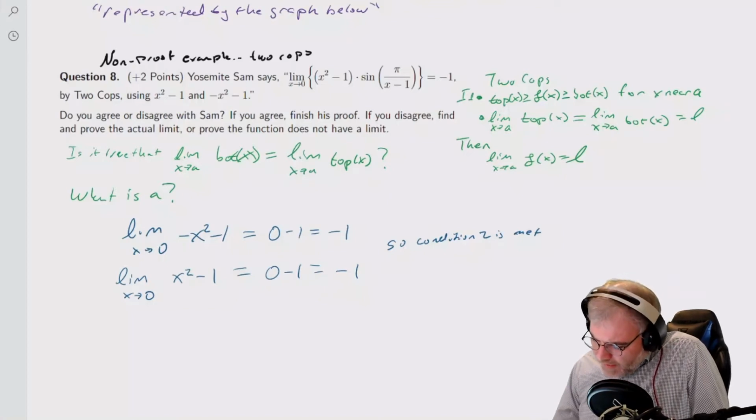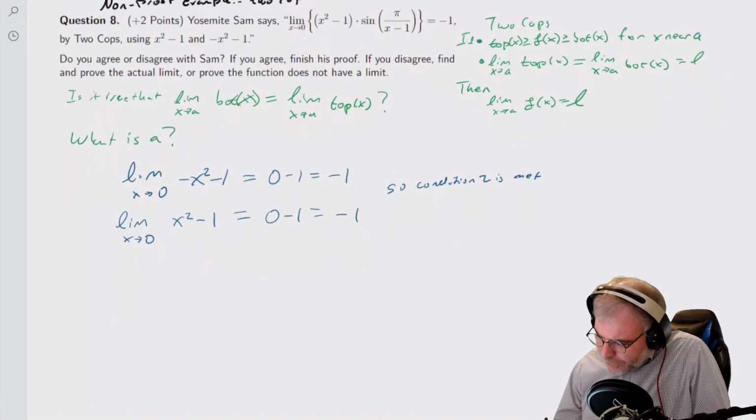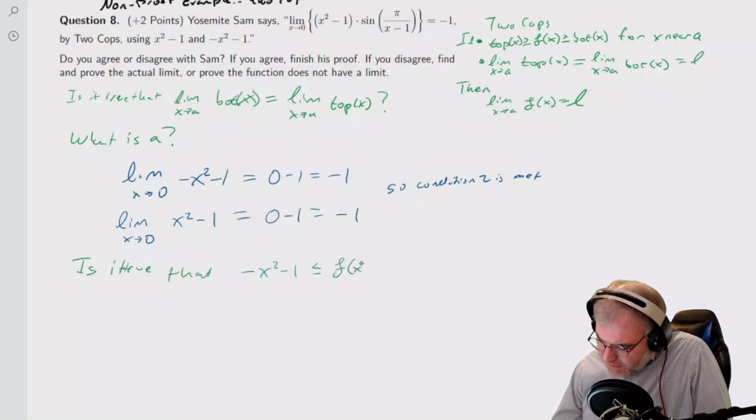All right, so let's try that first condition. Is it true that negative x squared minus 1 is less than or equal to f of x is less than or equal to x squared minus 1 near x equals 0?